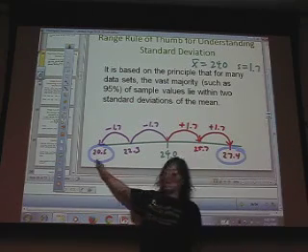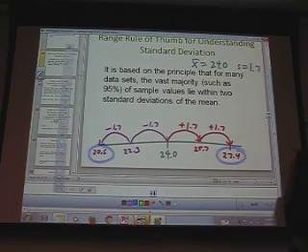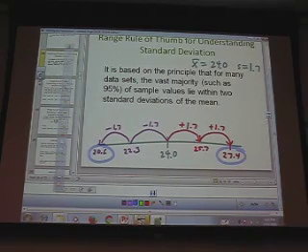From 20.6 to 27.4, roughly 95% of cookies will have that many chocolate chips in them. Or the vast majority. So roughly, most of them will be between those two numbers.